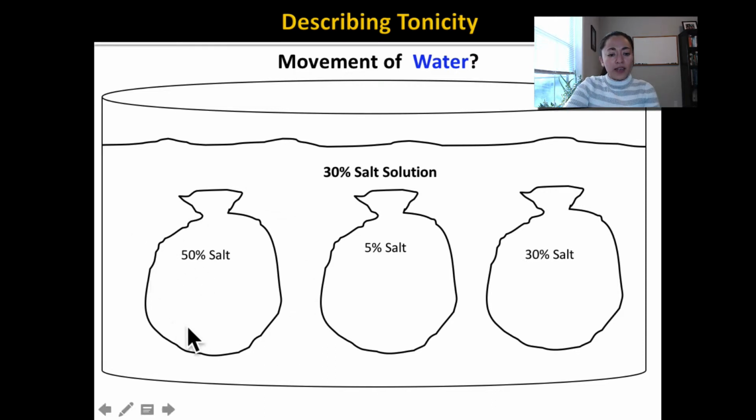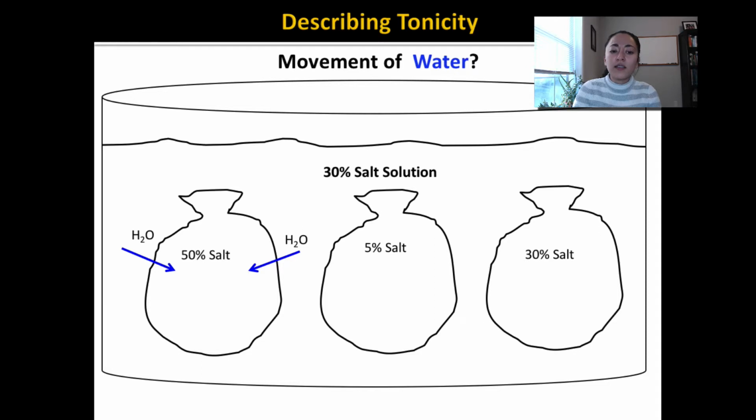In the first bag, in this first case here, it contains 50% salt. The outside contains 30% salt. Will water go into or out of the bag?